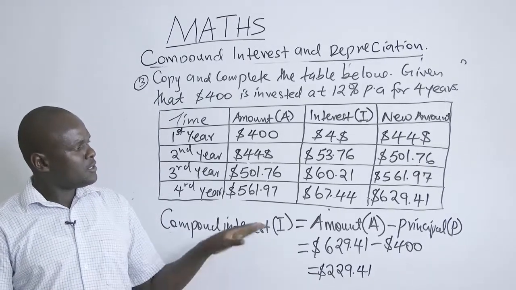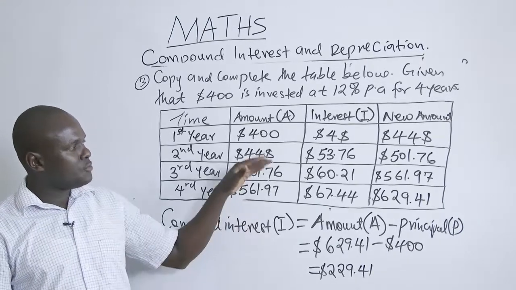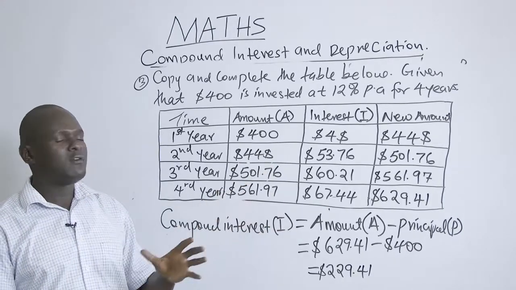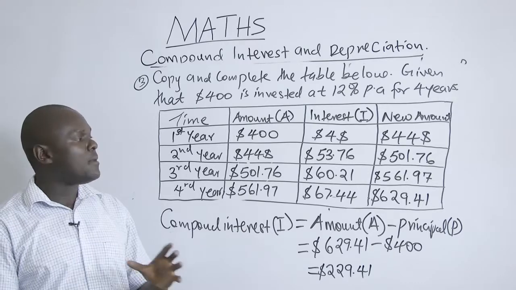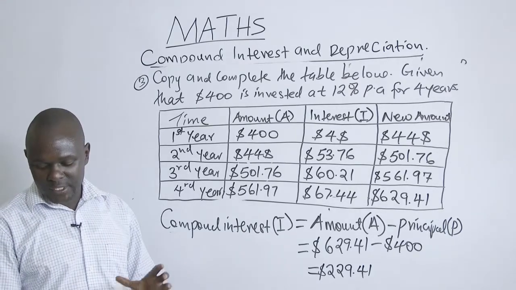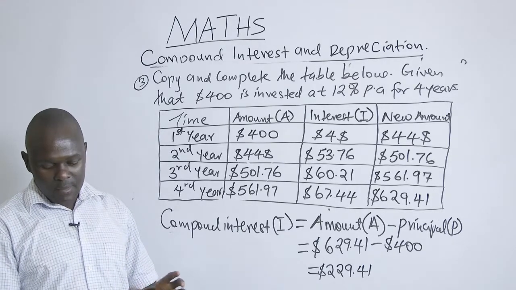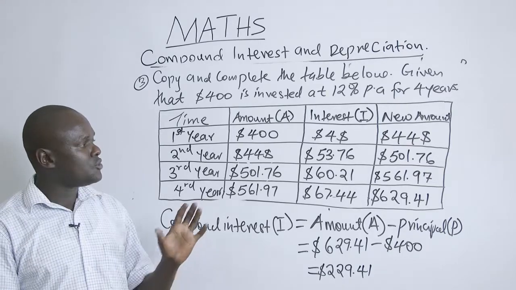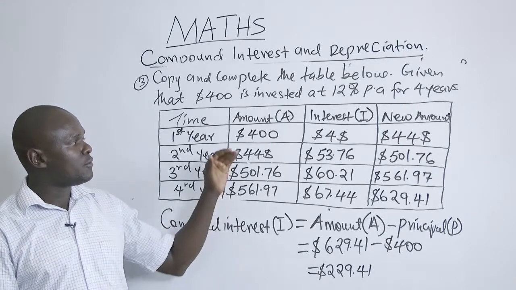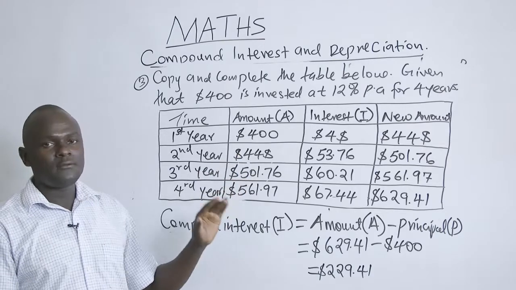So a point to note is that as you move along, you will discover that these amounts will change. The amounts will increase continually as you move from the first year, the second year, the third year, the fourth year.